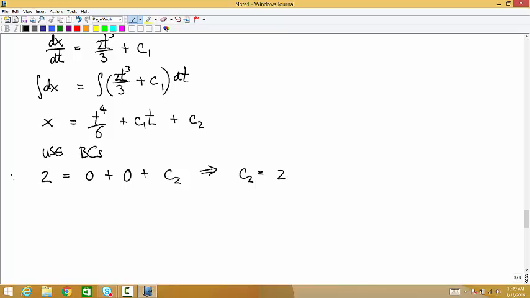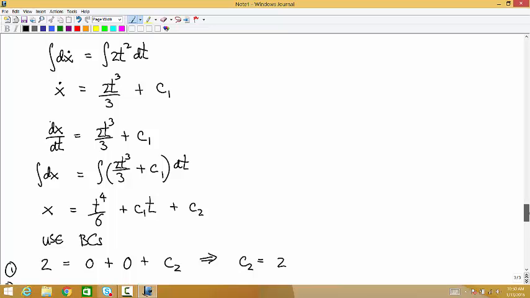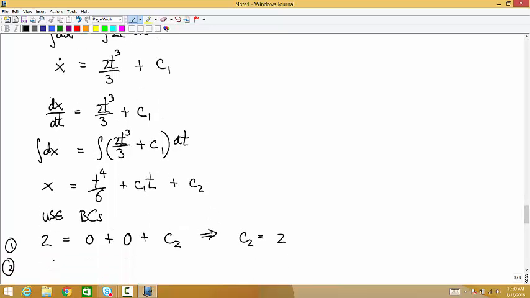And then the second boundary condition says when t is equal to 2, x dot is equal to 4. So using this equation, we have 4 is equal to 2 times 2 cubed over 3 plus C1.